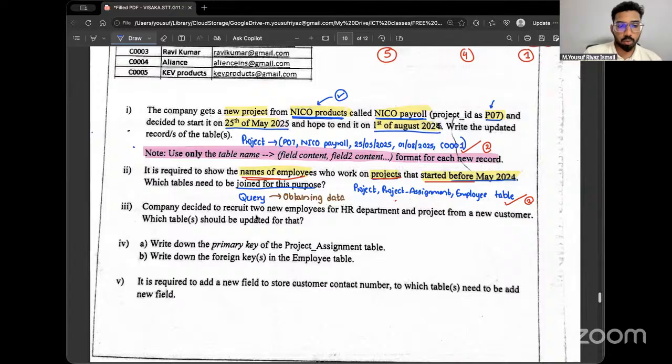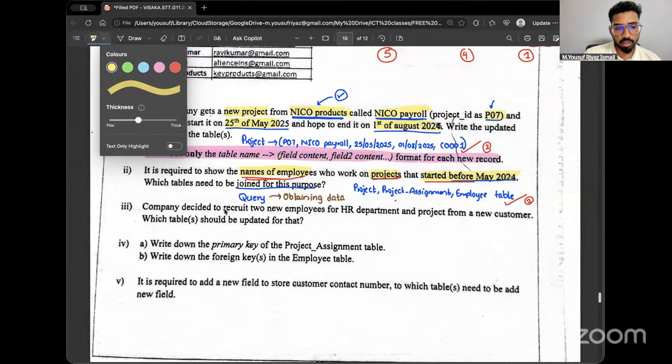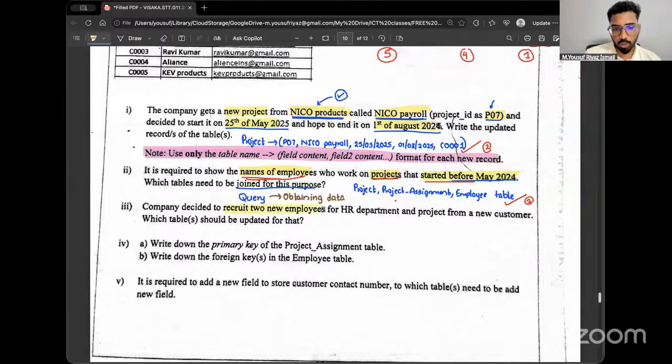The company decided to recruit 2 new employees for the HR department and project from a new customer. Let me highlight it, the underlining. So the company has decided to recruit, meaning hire, 2 new employees for the HR department and project from a new customer.